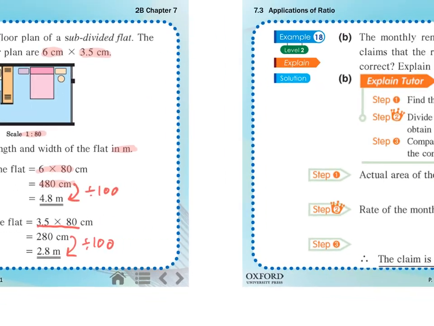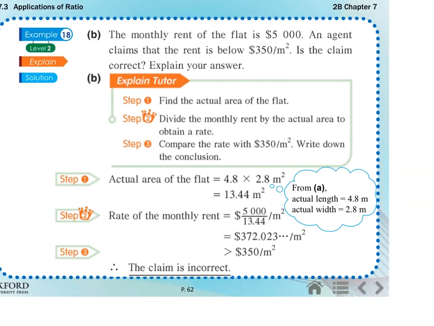So let's look at part B. The monthly rent for this flat is $5,000, and for 1 square meter, the rent is $350. So is the claim correct? Explain your answer. We have to find out the area of this flat in order to calculate the total rent of this flat. To find the actual area, remember we use the actual length.